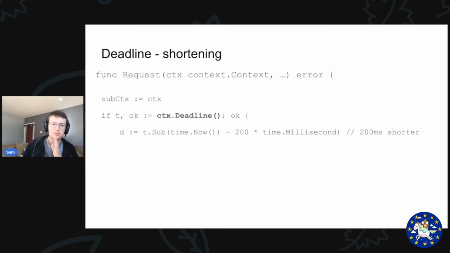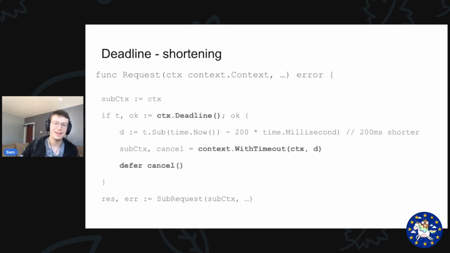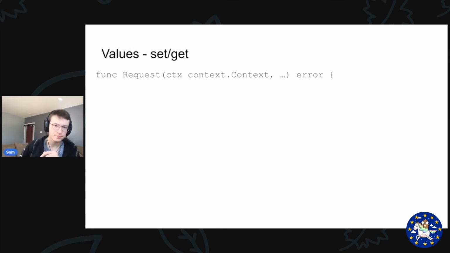So we subtract 200 milliseconds from our deadline and create a new context with this shorter deadline, and of course defer the cancel because that's good clean code, and then we can make our sub requests. The value of this obviously is if a sub request times out for whatever reason, we'll at least have 200 milliseconds to do some cleanup work or finalize or default to some other value, yada yada.